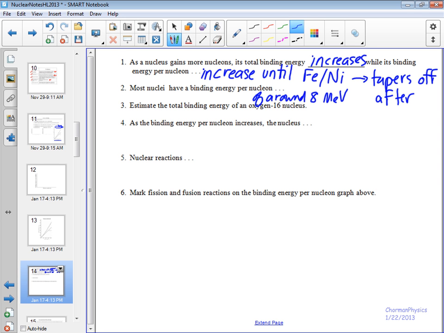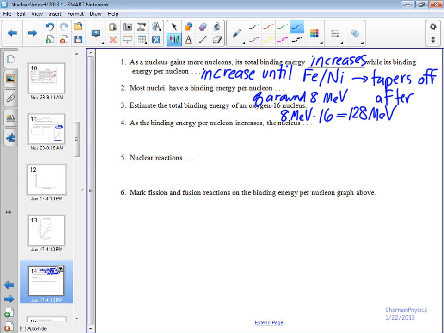So given that, estimate the total binding energy of an oxygen-16 nucleus. If each nucleon gives up 8 mega electron volts when it's binding together, 16 times 8 tells us it's approximately 128 mega electron volts.